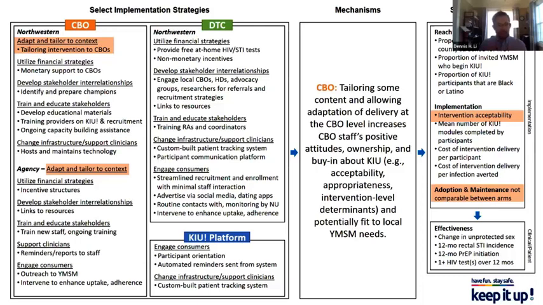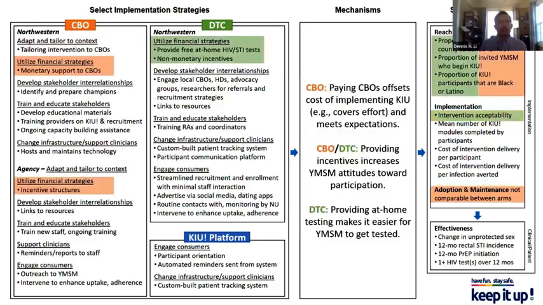And then we allowed the agencies themselves to adapt the delivery of Keep It Up to their own workflows. And we think that this would increase the staff's positive attitudes, the ownership of Keep It Up, buy-in, acceptability, appropriateness, and also potentially better fit the local YMSM needs in those locations.